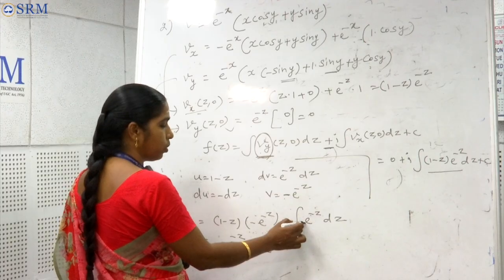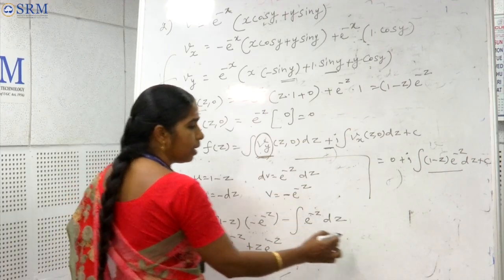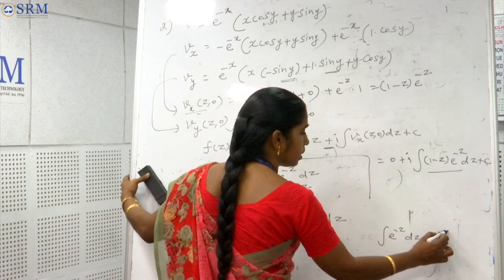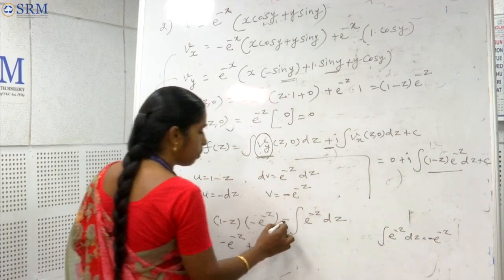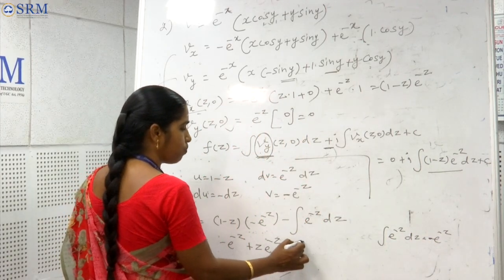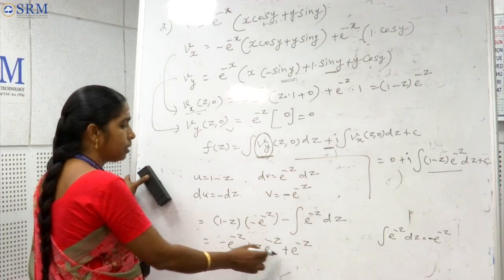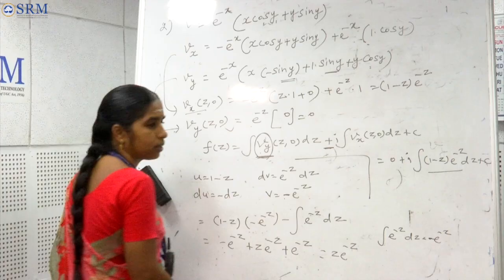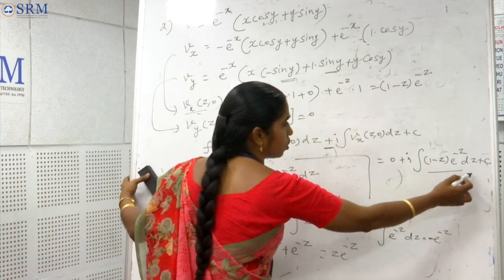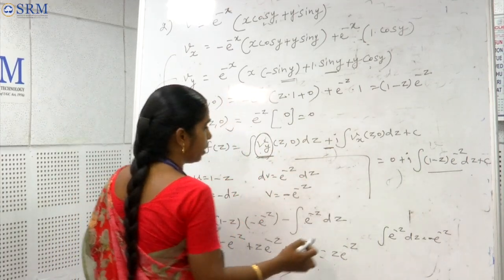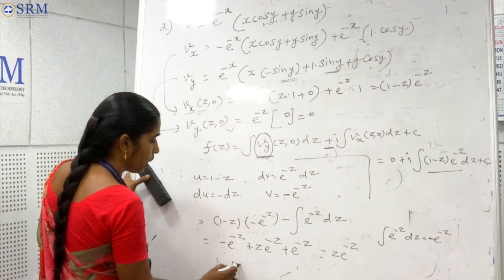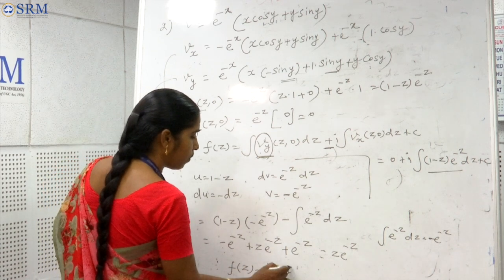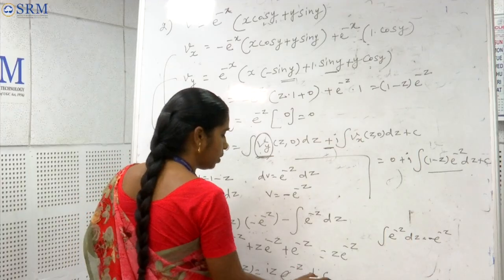The integral of e power minus z dz is e power minus z by minus 1; already a minus is there, so plus e power minus z. We cancel these two terms, leaving only z into e power minus z. Therefore, f of z is equal to i into z e power minus z plus c.